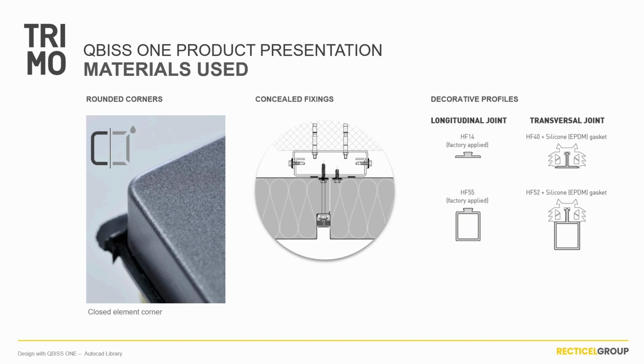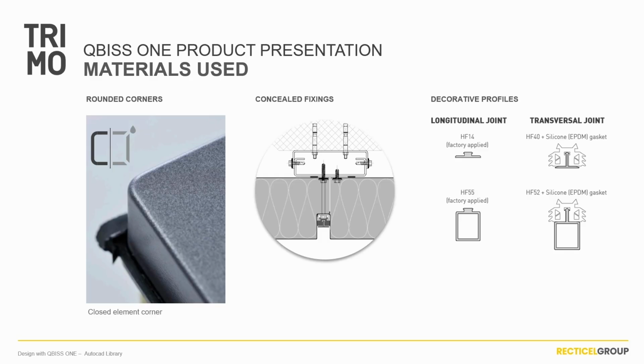qbiss1 system has successfully undergone rigorous testing in accordance with the latest Center for Window and Cladding Technology standard. Pre-installed gaskets prevent water from entering the system. Drip element serves as a secondary protection and drains water out of the system.